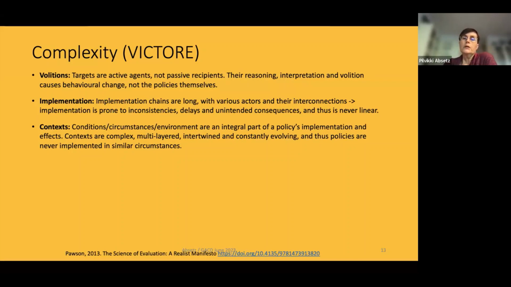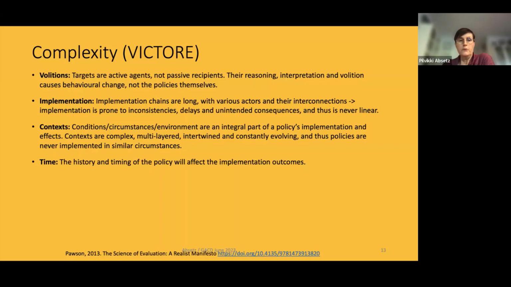So even if we say that there are different contexts in different countries, for example, or different healthcare systems, they are also constantly evolving, and thus policies are never implemented in similar circumstances. History and timing of the policy will affect the implementation outcomes. There are always differences, for example, in the readiness to change.